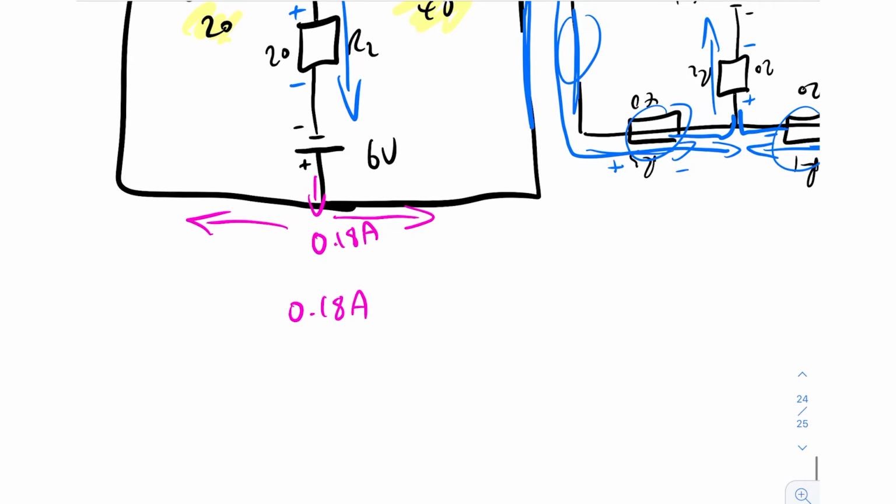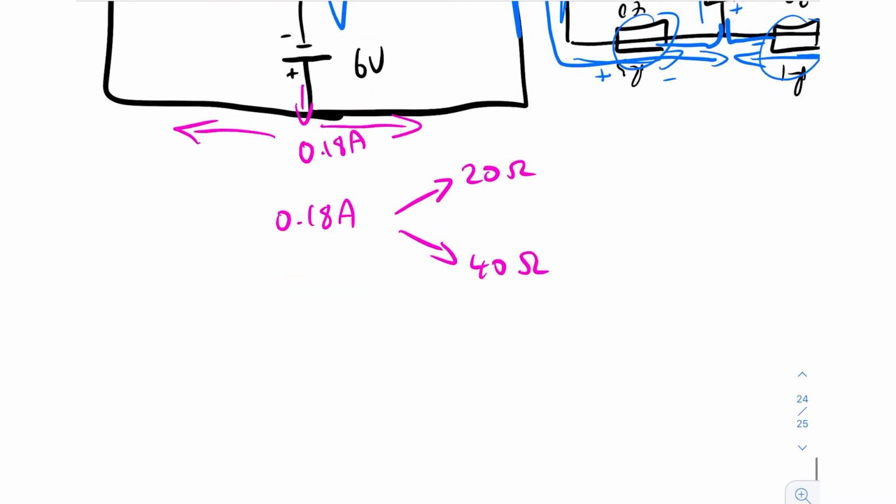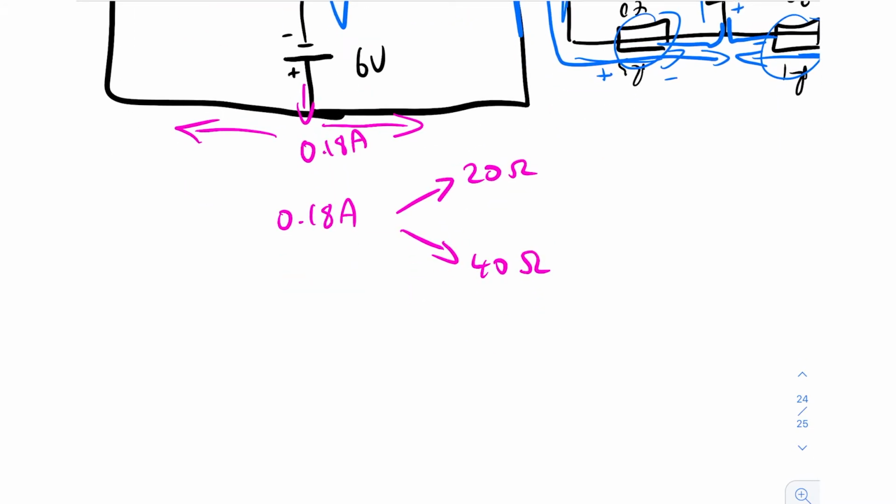If it has a choice between how much goes to the 20 ohm one versus the 40 ohm one, the ratio between these two numbers is 2 to 1, right? The trick when using ratio is to know that the higher amount of current is going to the lower ohms.